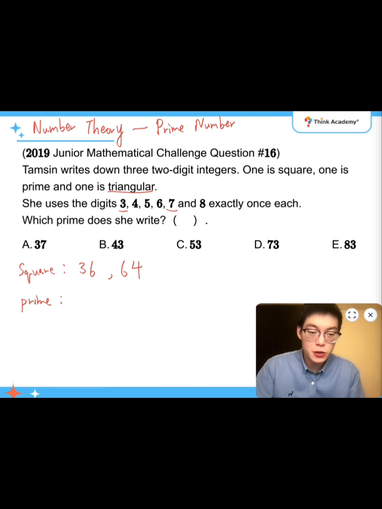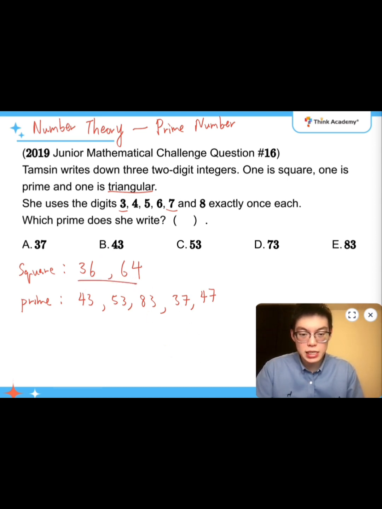Of course, it can also end with 1 or 9, but they are not in the list. So we have 43, 53, 83, and then we have 37, 47, 67, but then it needs a 6. We need a 6 for the squares, right? So I don't write the 67 over there.